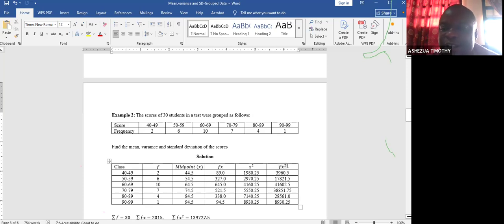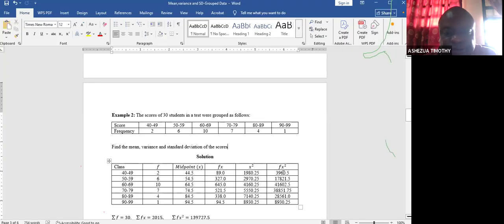How do we get f x squared? All the values here are our f, and we have our x squared here. These are our values for x squared. So all we need to do is say 2 times this value here gives us 3960.5.